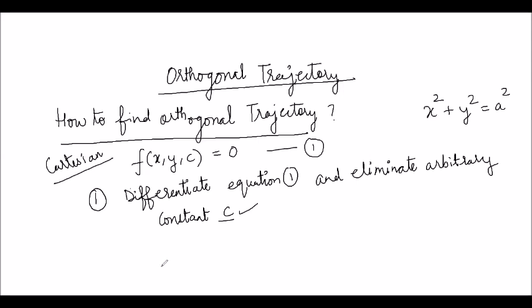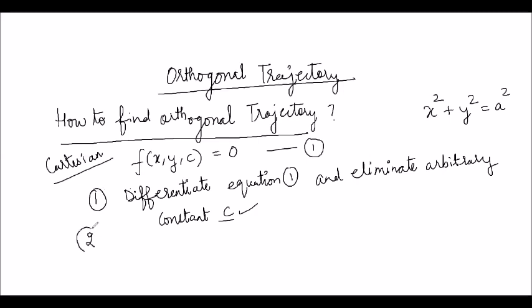After differentiating and eliminating this arbitrary constant c, we will get our differential equation, because it will be involving dy by dx. That obtained differential equation will be the differential equation corresponding to the family of curves given by equation 1. But what we have to do?